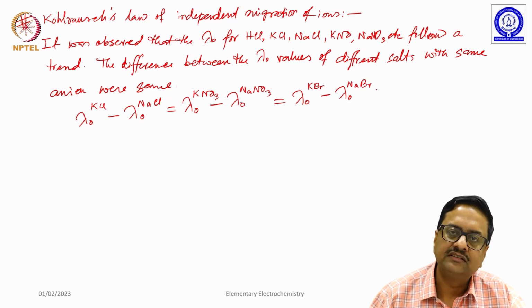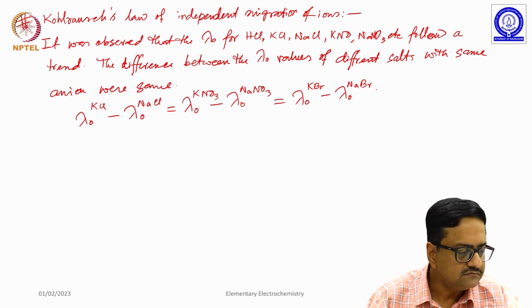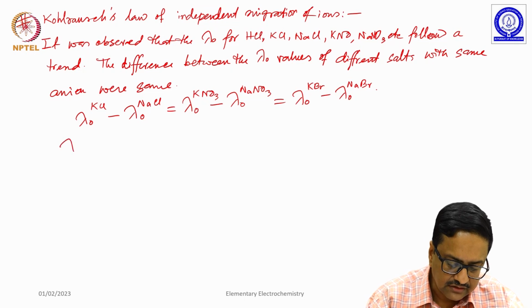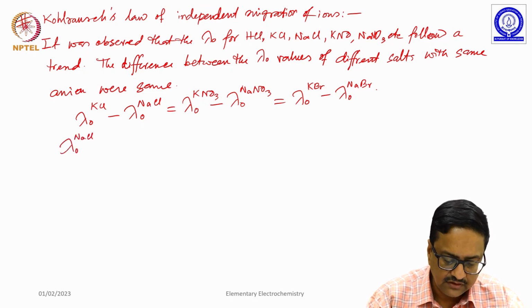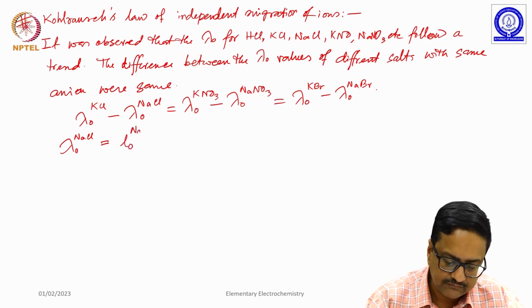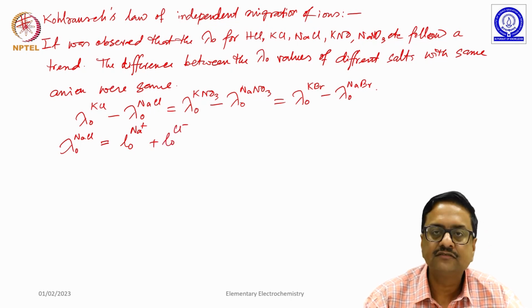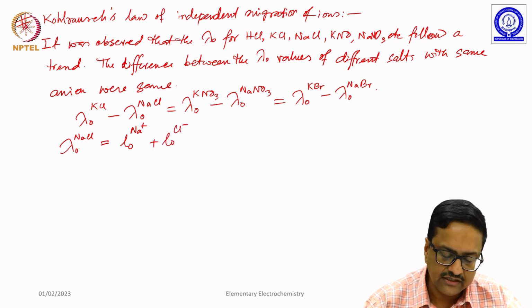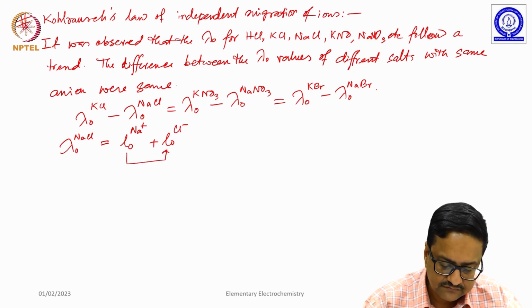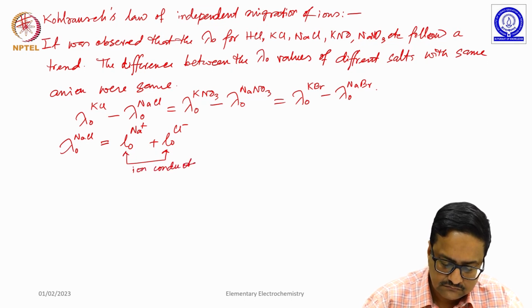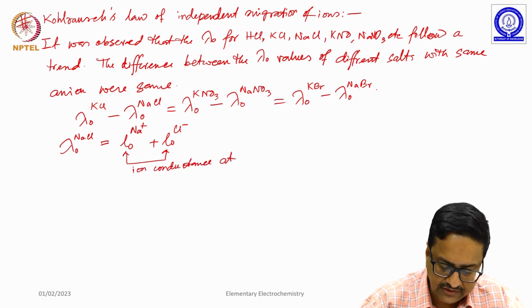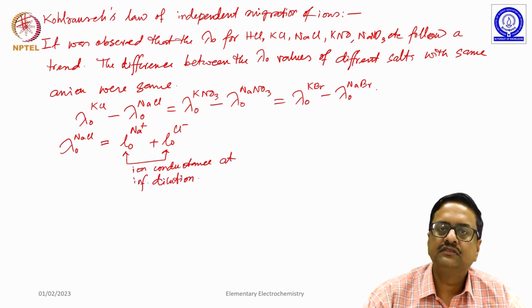So, from this observation, Kohlrausch proposed that when we write lambda 0 NaCl, we are actually meaning that there is some lambda 0 for Na plus and lambda 0 for Cl minus. These are called the ionic conductances, or simply ion conductances, at infinite dilution, and the values are constant.